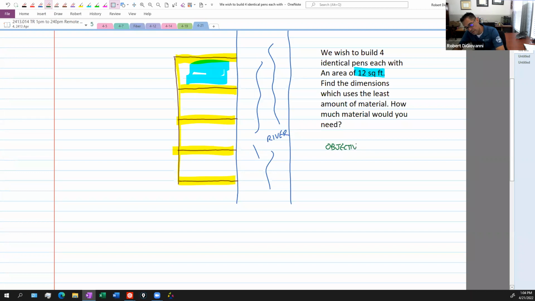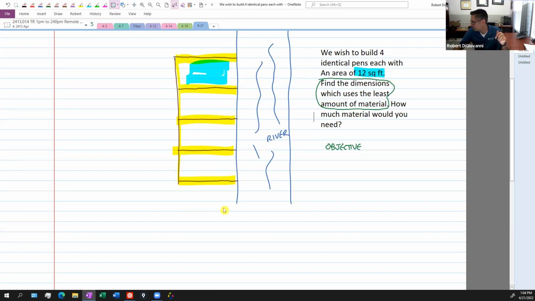Our objective is to find the dimensions which use the least amount of material. So that means I want to have the smallest perimeter possible. When I say perimeter, I don't really mean the outside of this. I mean all of these sides added up together.